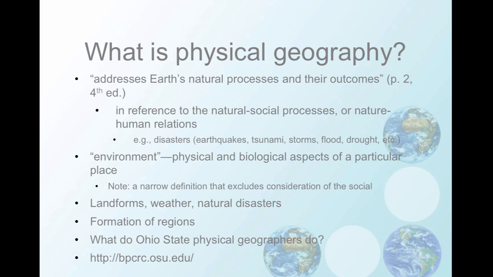Physical geography, on the other hand, looks at processes of interaction between natural and social phenomena. The spatial, meaning in space, and temporal, meaning in time, scale can vary from extremely localized up to global, incorporating the entire Earth system. Landforms, weather, and natural disasters are popular topics in physical geography.